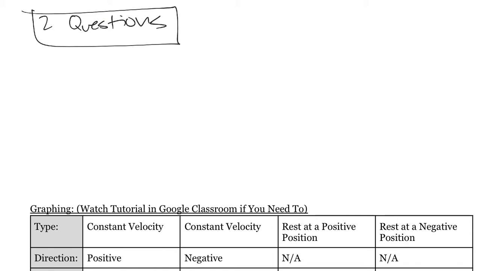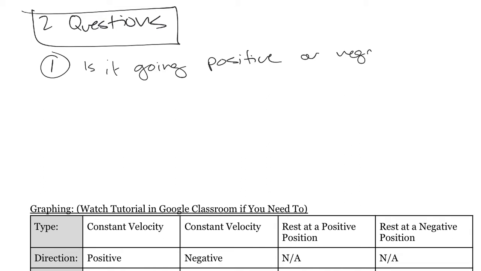Number 1, is it going positive or negative? If it's moving positive, most people say that would be to the right if you're going horizontally, or up if you're going vertically. If it's going negative, that means you're going to the left or going down, depending on whether you're talking about horizontal or vertical motion. So your big question number 1 is, is your object moving in the positive direction or the negative direction?